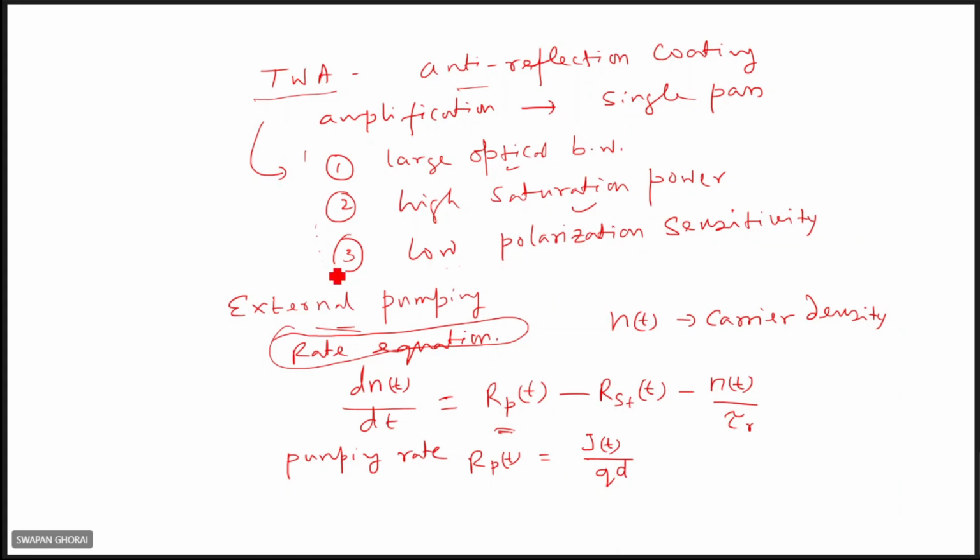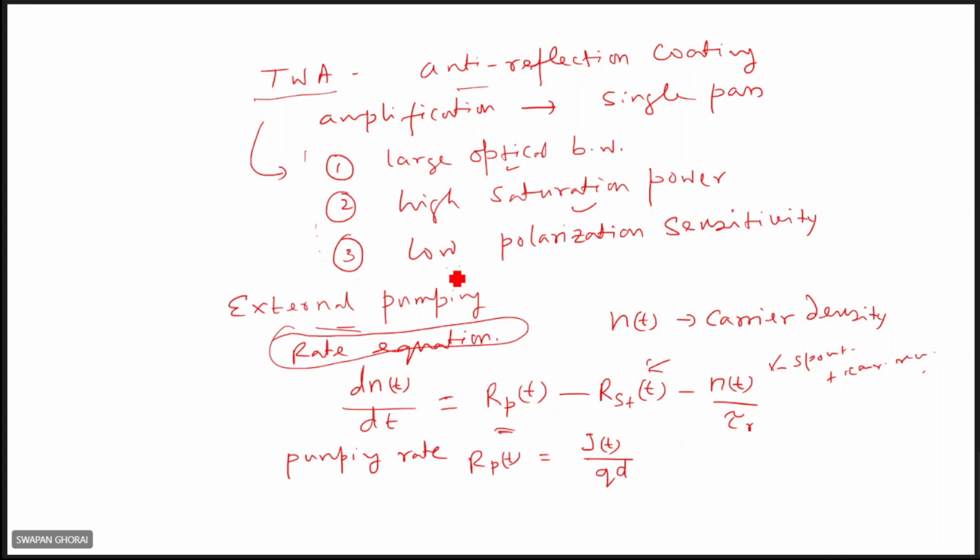After that, when the signal photon strikes the system, there will be stimulated emission. Also, there can be spontaneous emission, and there can be carrier recombination. So the carrier lifetime includes the spontaneous emission as well as carrier recombination.